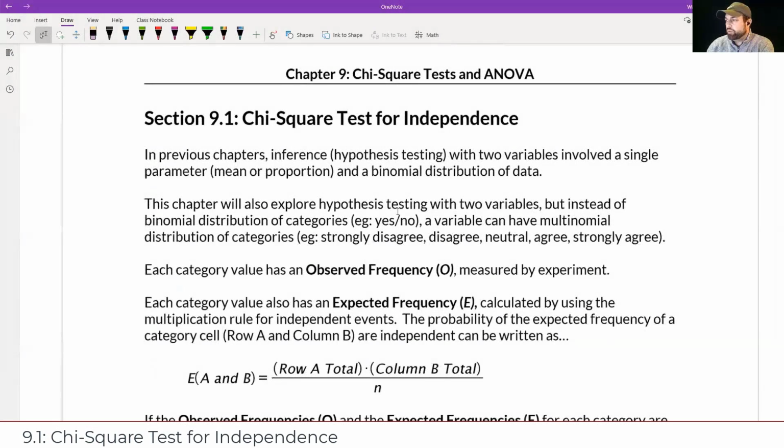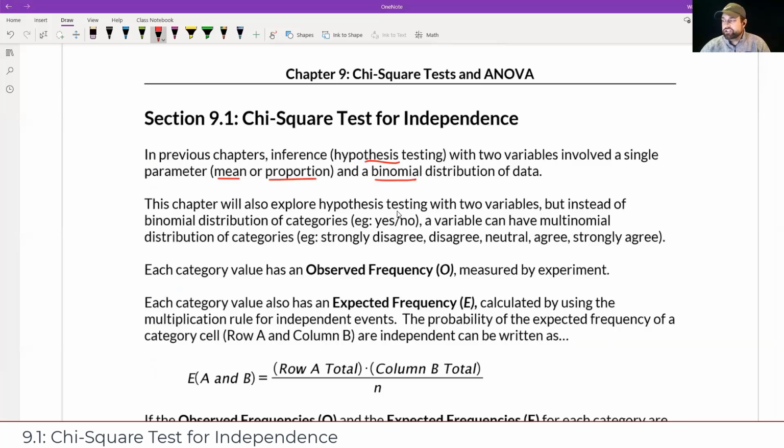This is section 9.1, and what we're doing in 9.1 is hypothesis testing, but instead of just a single variable or two variables, we're now doing hypothesis testing with many variables. In previous chapters, hypothesis testing with two variables involved a single parameter, either the mean or the proportion, and a binomial distribution of data.